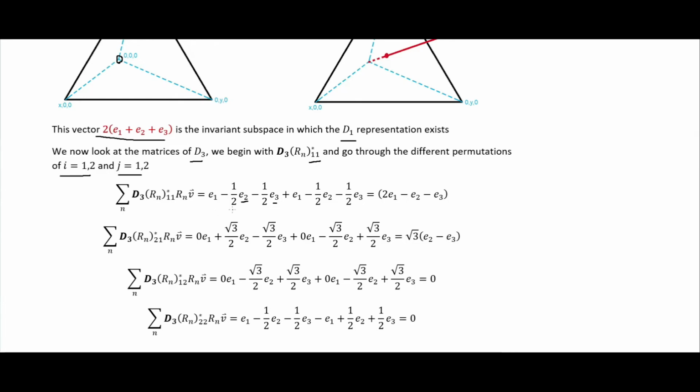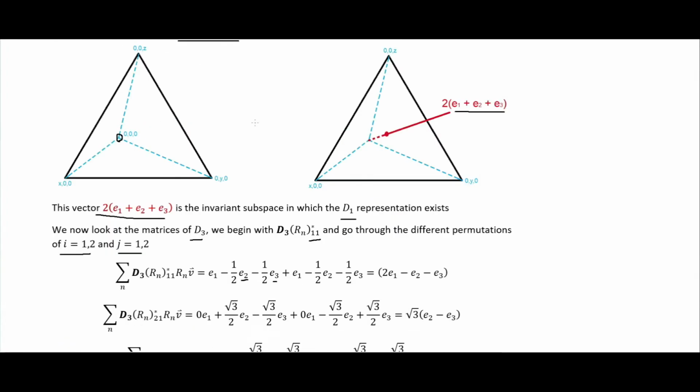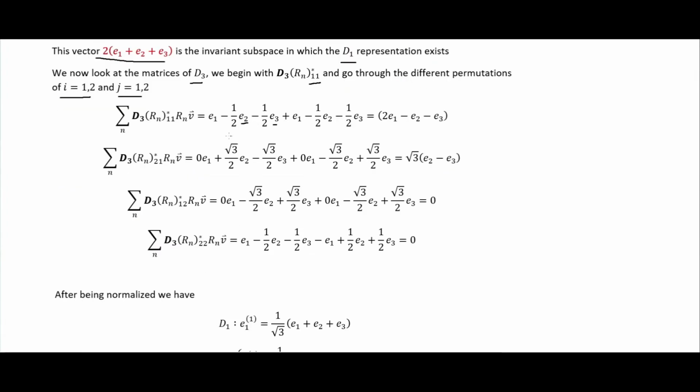So in the 1, 1 position in our matrix, which is this one and this one, the 1, minus a half, minus a half, and so on, is where we are getting these: the 1 for this, the minus a half, 1, minus a half, minus a half. And so we end up with 2E1 minus E2 minus E3.